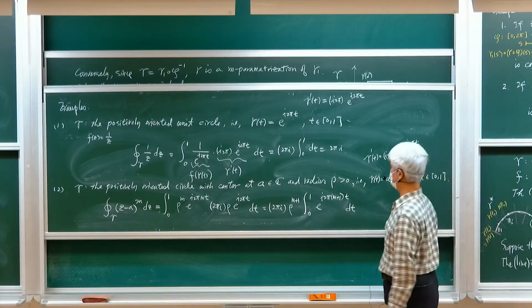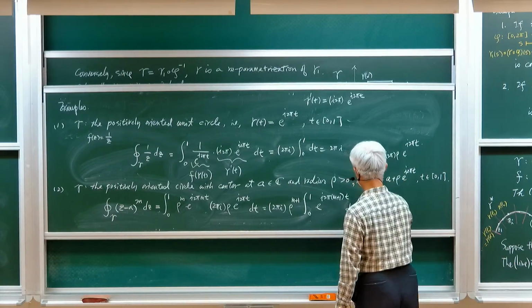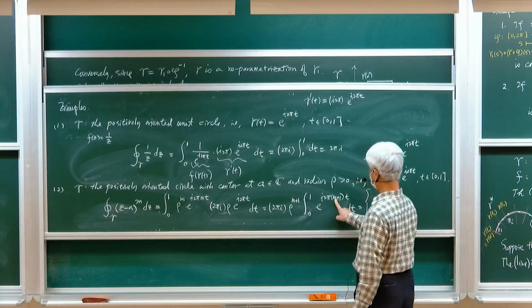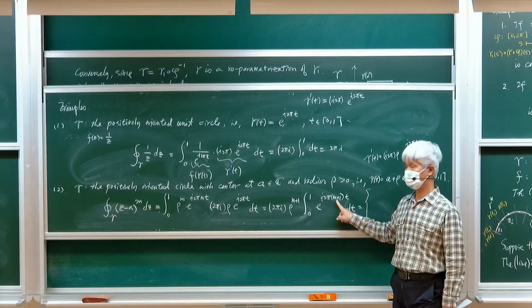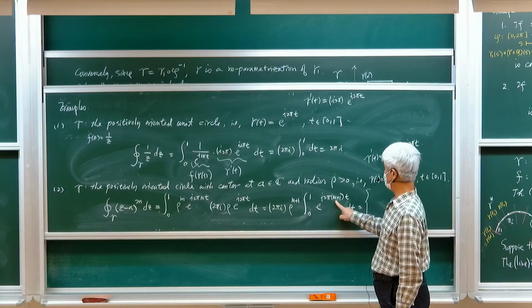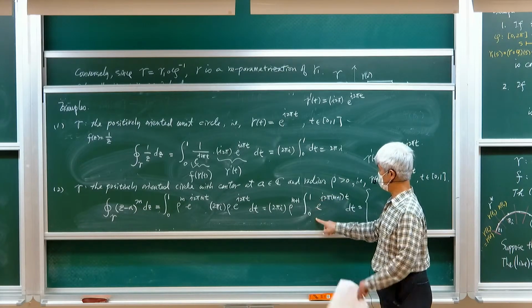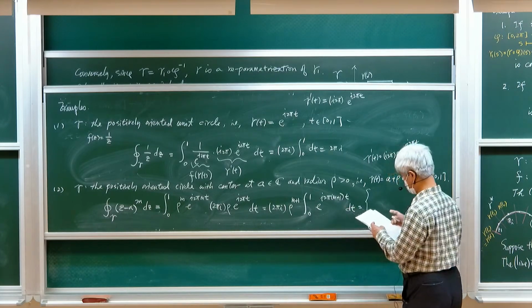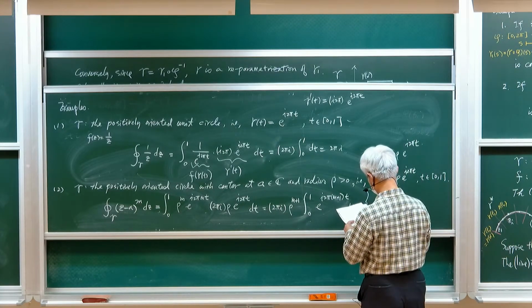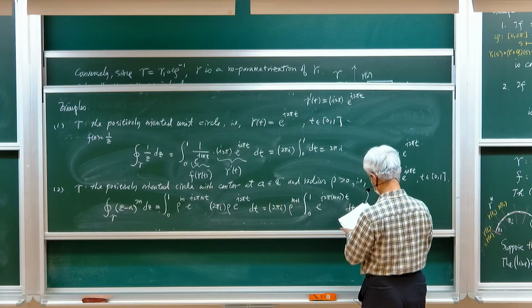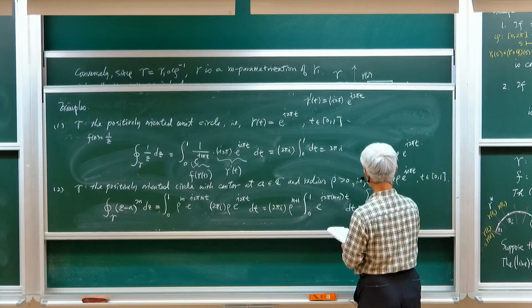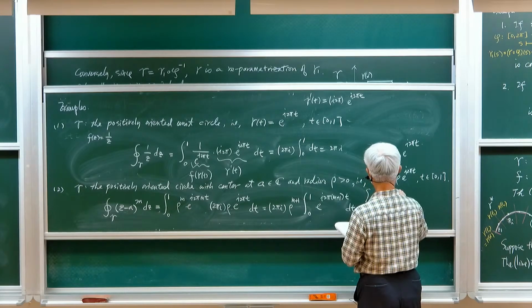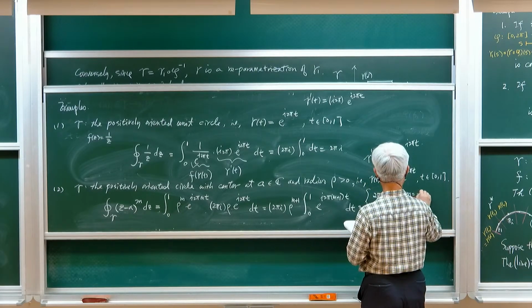Now we see if m equal to minus 1, this exponent is 0, and this integral is 1. So we have 2 pi i if m equal to minus 1.